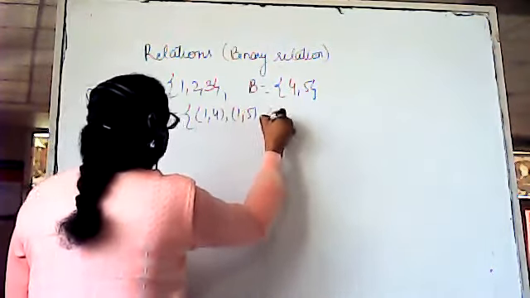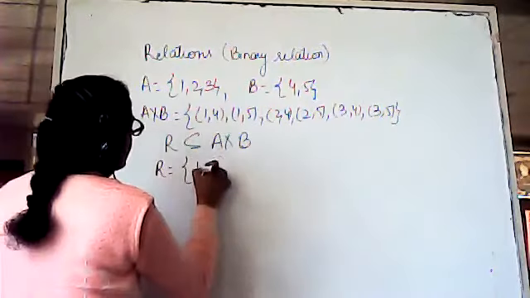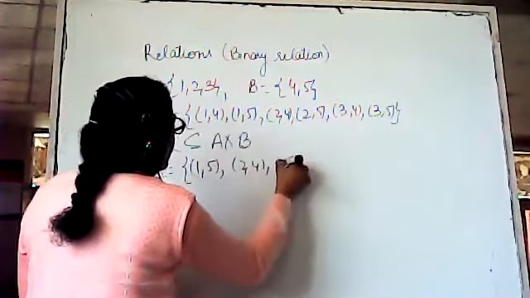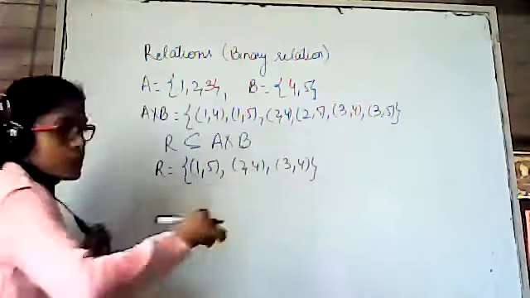This is the Cartesian product of two sets. Now to find the relation, we know that R is a subset of A cross B. It can be a proper subset or an improper subset. Let us suppose that the relation R contains the elements (1,5), (2,4) and (3,4). Okay?